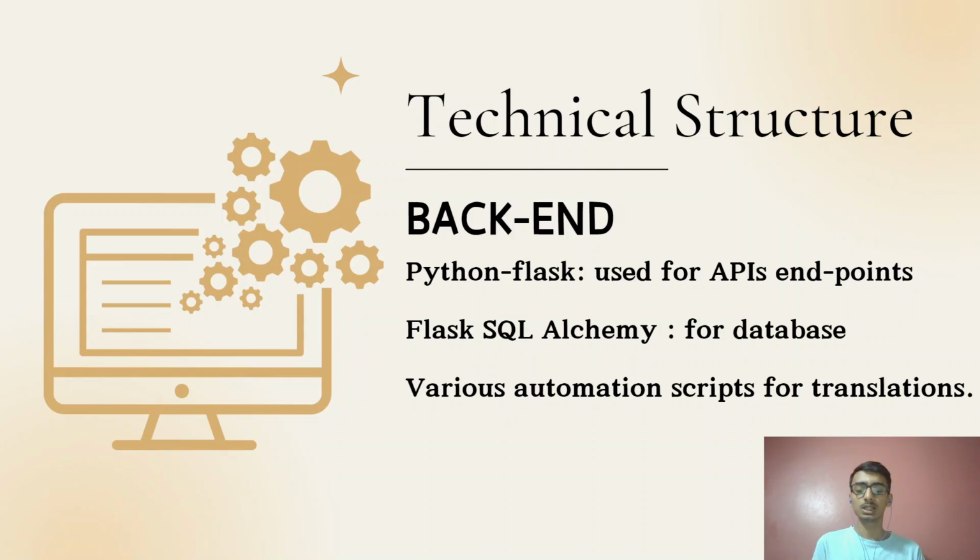It provides us with a combination of all of them with enhanced security. For the database, we keep in mind that it is only for the user ID, which will be saved locally using Flask SQLAlchemy. And there are multiple automation scripts on our website that help with translation.